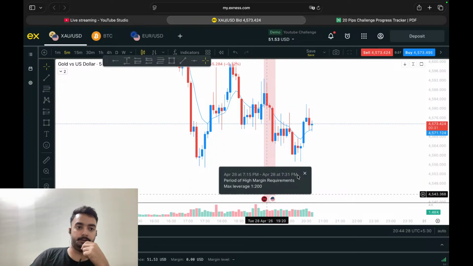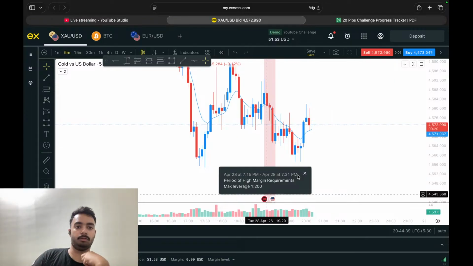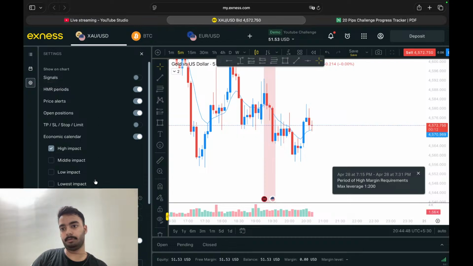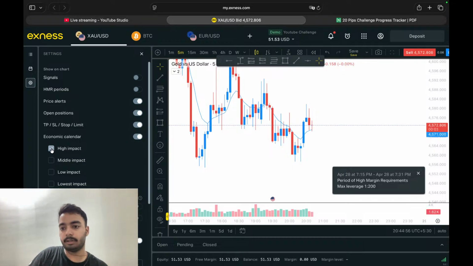I still wasn't able to figure this out, how to remove this high margin requirement on the chart. Where is the setting option? High margin. Okay, okay. I meant to see this high impact.